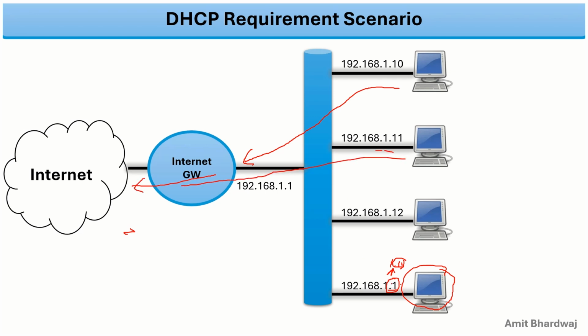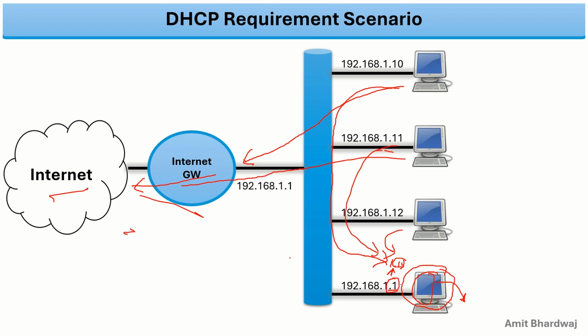However, since this new system has been assigned the IP address 1.1, there is an IP address conflict, and now all these systems will start sending their traffic to 1.1, thinking that it is their default gateway. Everybody sends it to this client, and this client will black hole, dropping the traffic instead of sending it towards the internet, and hence the whole office network is down, critical applications are down.